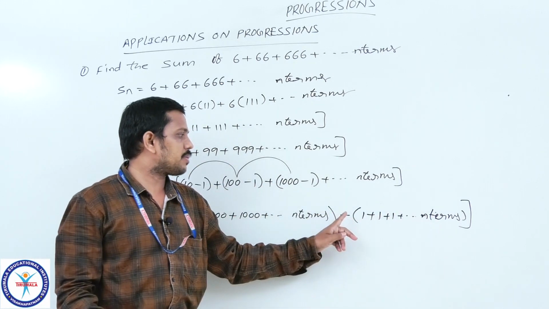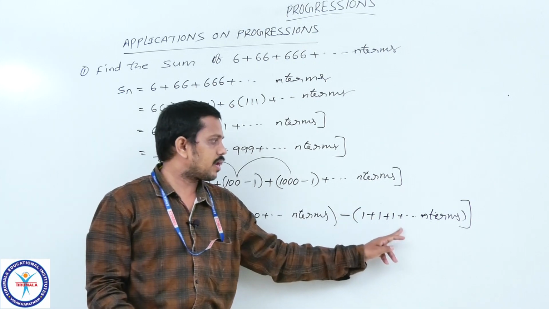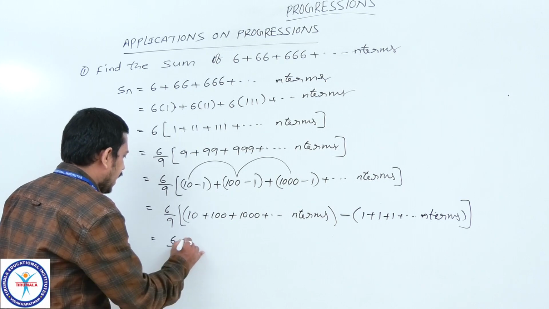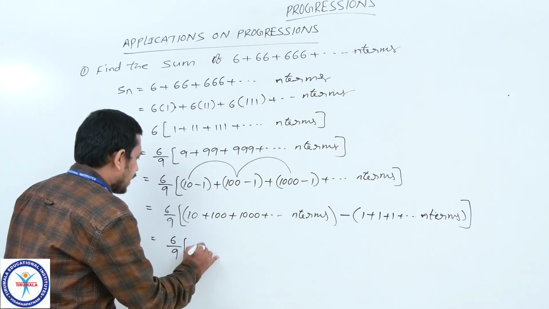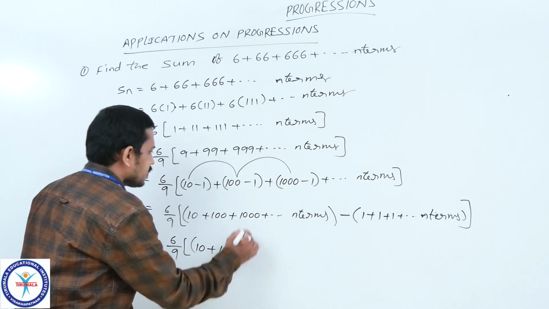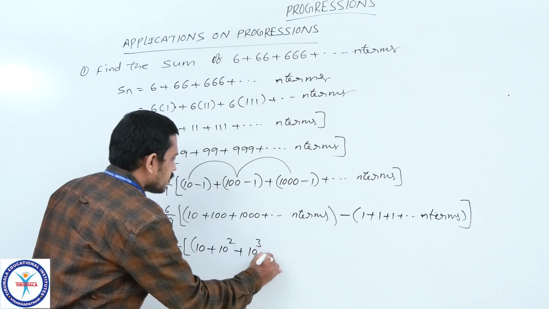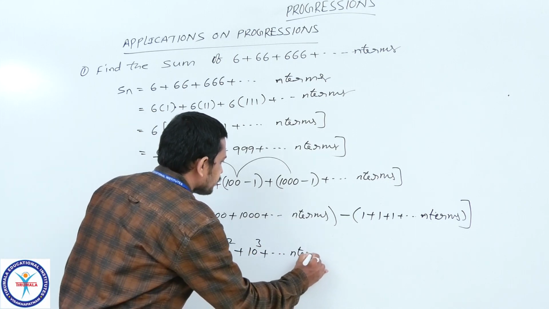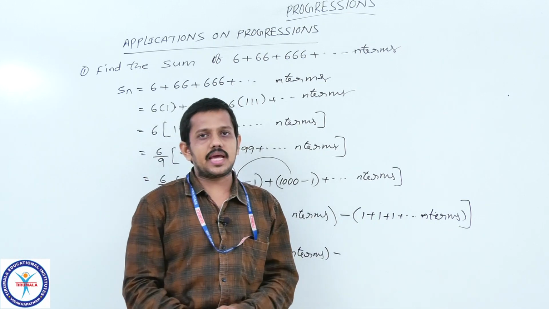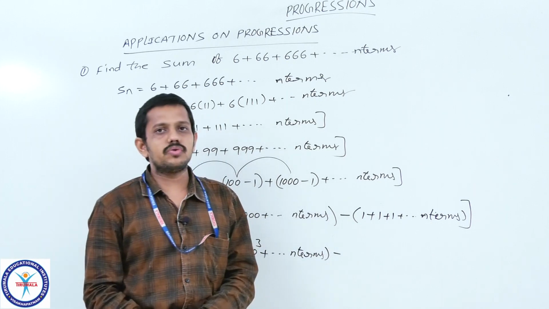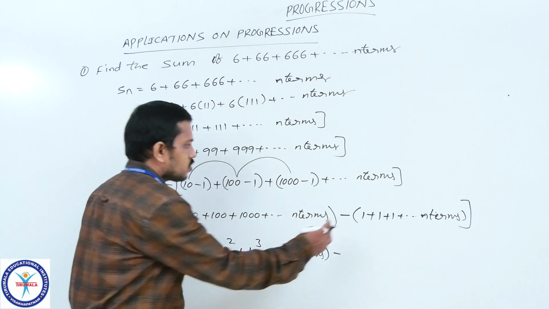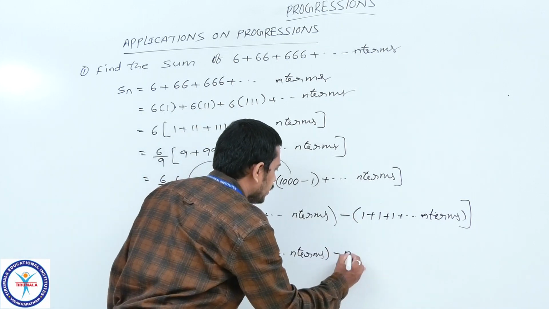So this is equal to 6 by 9 into 10 plus 10 square plus 10 cube plus and so on n terms, minus n, because 1 added n times has value n.